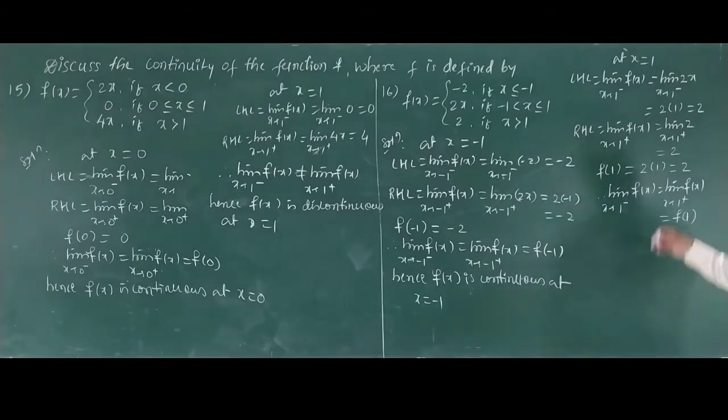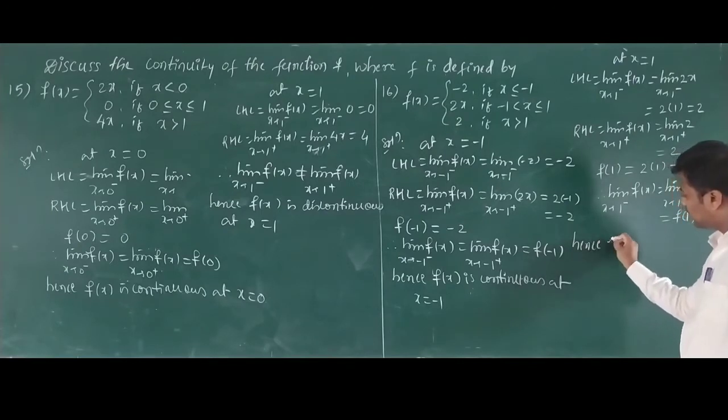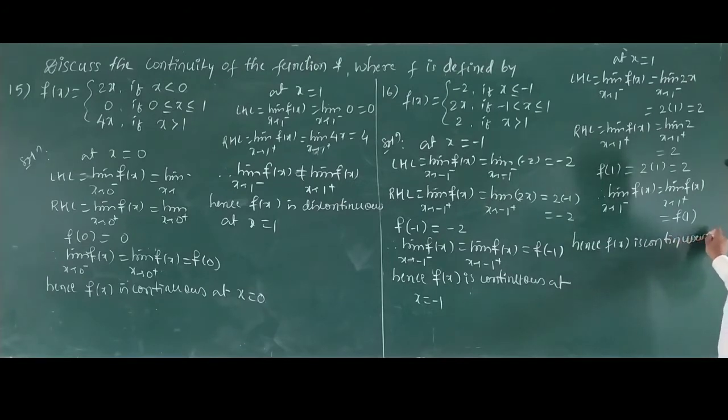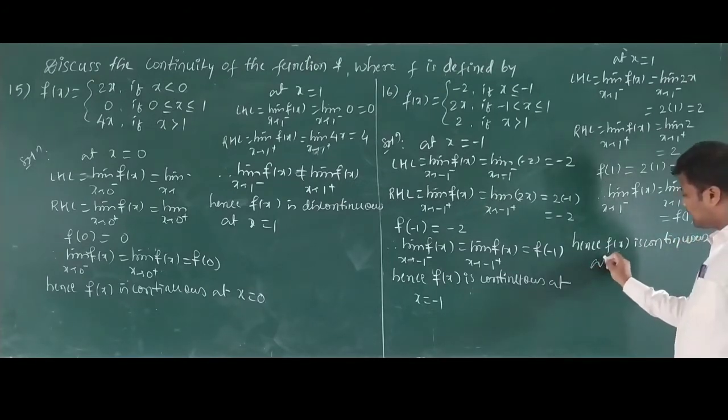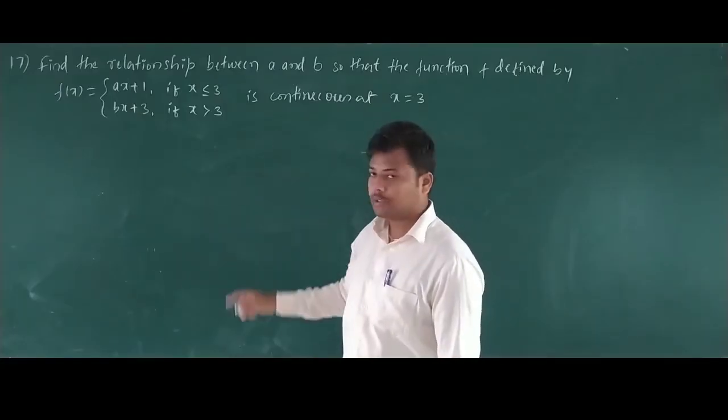All are equal: LHL value is 2, RHL value is 2, f of 1 is 2. So hence f of x is continuous at x equal to 1. Okay. Next one, the 17th one.